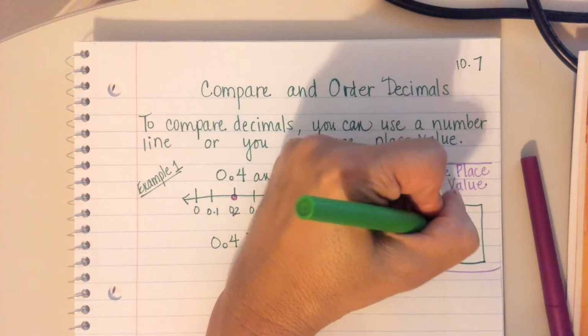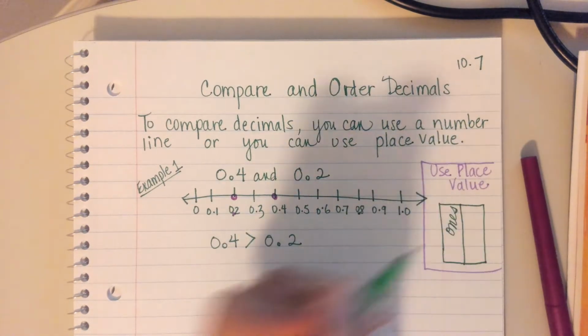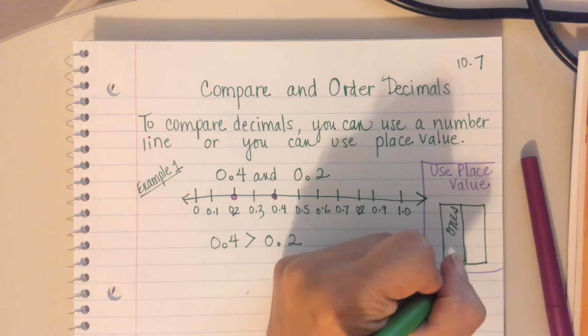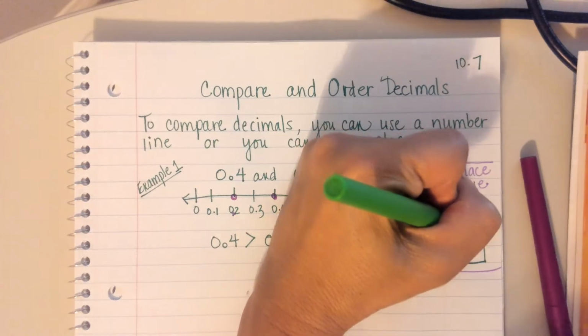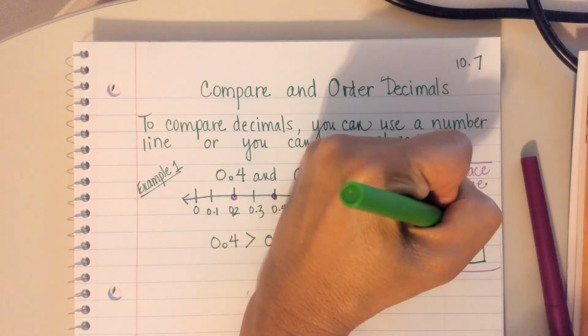We've got the ones place, and we have a decimal point. That decimal is really important. And we have the tenths place.